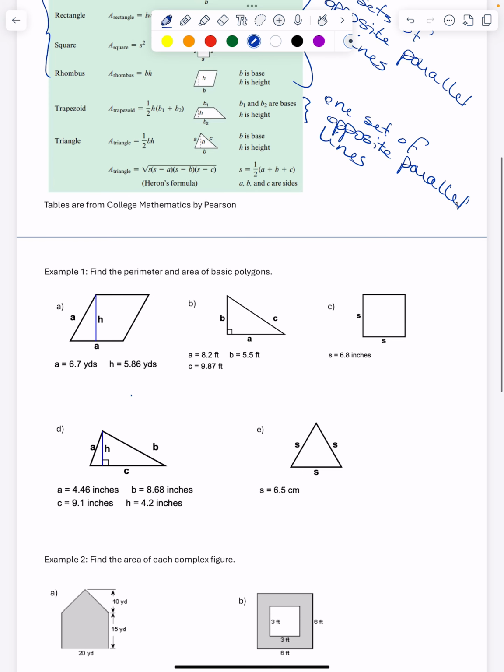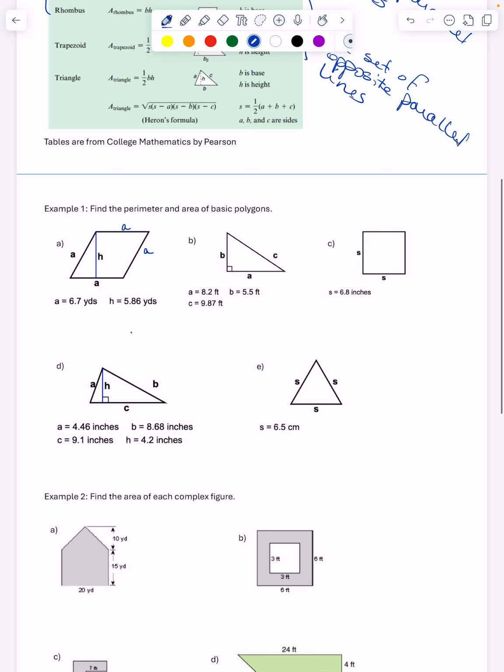Okay. So perimeter and area of basic polygons. So we've got 2 sides labeled. This is a rhombus. 2 sides that are the same length next to each other. The opposite 2 sides are the same length.